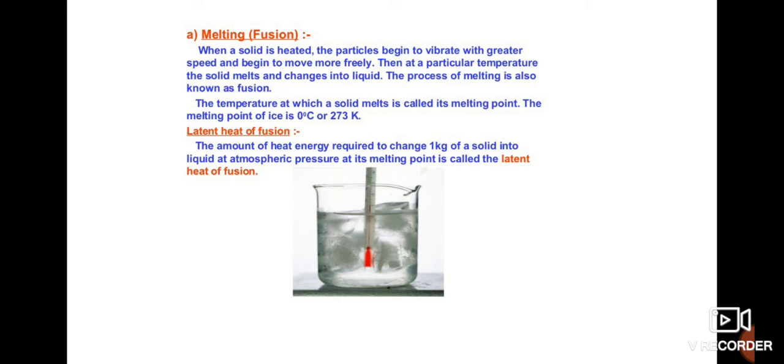During the change of state, we are supplying heat to break the force of attraction between the particles. That particular heat is known as latent heat. The word latent means hidden. So latent heat of fusion is the amount of heat energy that is required to change 1 kg of solid into liquid at atmospheric pressure at its melting point.